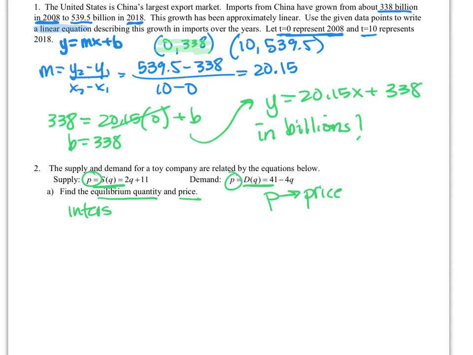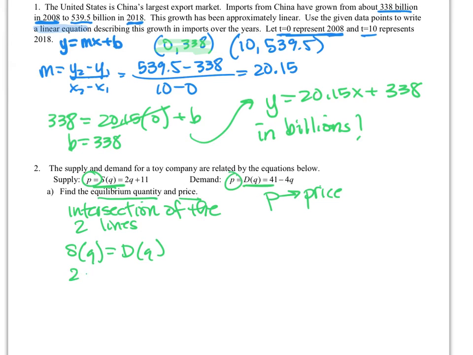This is the intersection of the two lines. Because both the supply and the demand are y equals mx plus b, they're linear. So the way we would find the equilibrium point at the quantity and the price, we would set the supply equal to the demand.